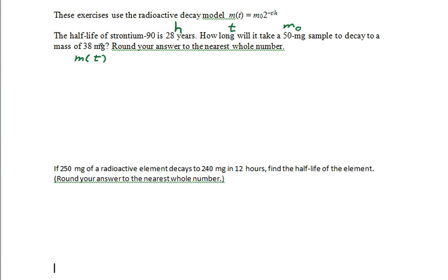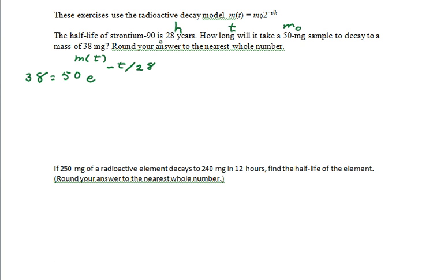So substituting these values into the equation that we were given, we have 38 equals 50 e to the opposite of t divided by 28.